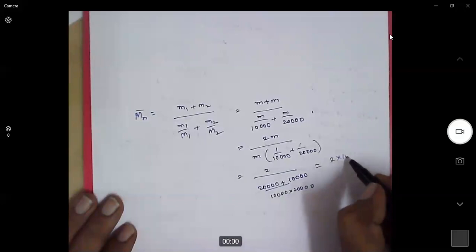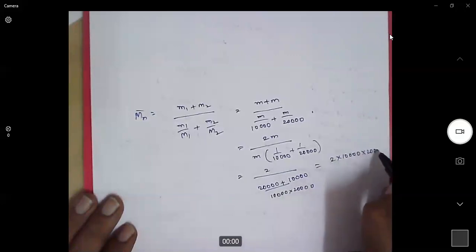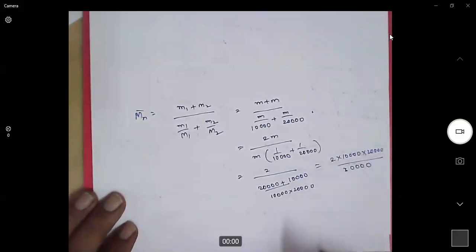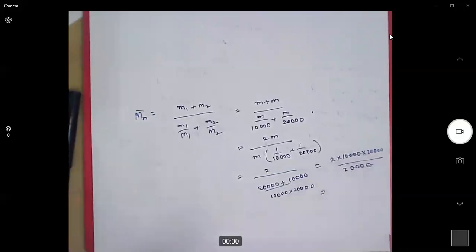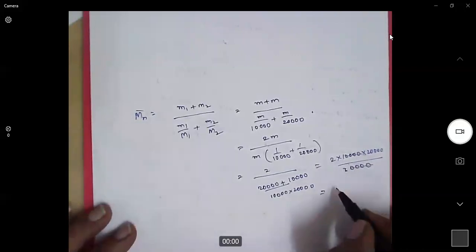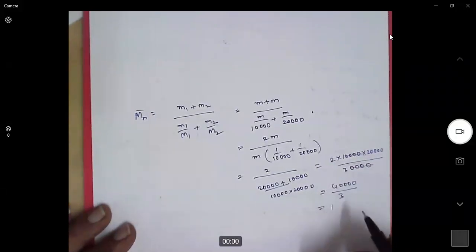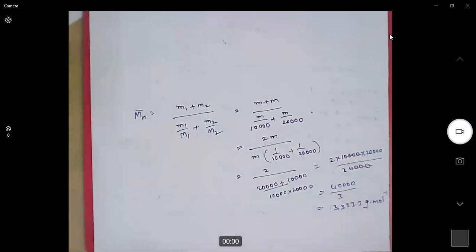So 2 into 10,000 into 20,000 divided by 30,000. When we solve this, 4 zeros will get cancelled, so the final value is 40,000 by 3, which is 13,333.3 grams per mole. Please take this answer.